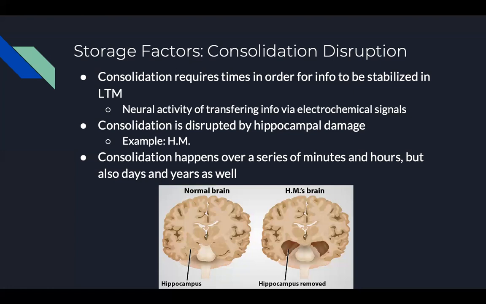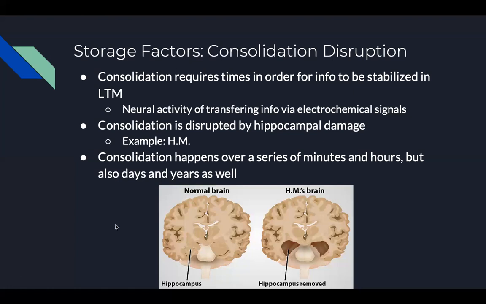They shrink. They start to lose some of their volume and mass. And this is just a natural result of aging that can also then disrupt our consolidation abilities because we're starting to lose those neural connections. We're losing those synapses that once were so active.